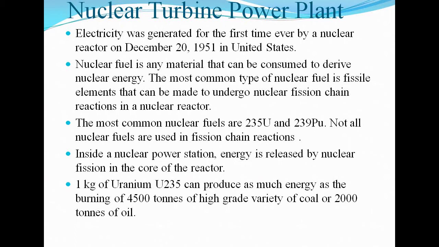Then, 1 kg of uranium 235 can produce as much energy as the burning of 4,500 tons of high grade variety of coal or 2,000 tons of oil. So 1 kg of uranium can produce that much amount of energy.